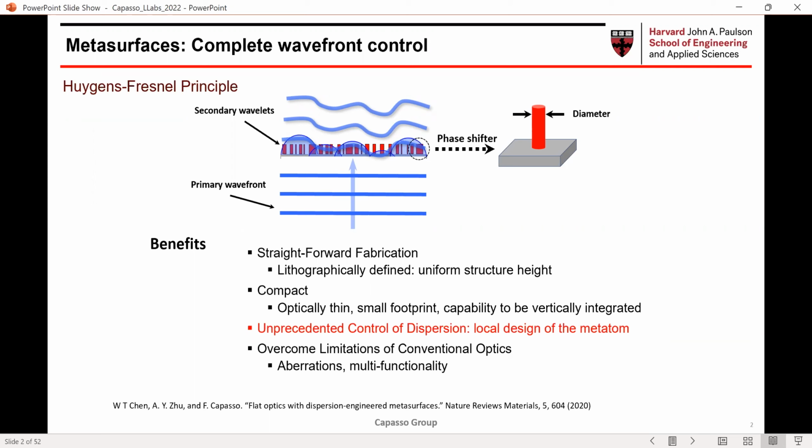So there is a lot of engineering possibility of the dispersion that is not available with conventional diffractive optics such as Fresnel optics. It's also easier to control the aberrations, and importantly, you can also access multiple functions.